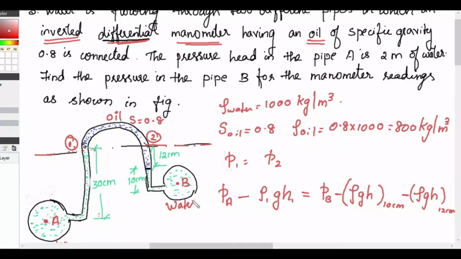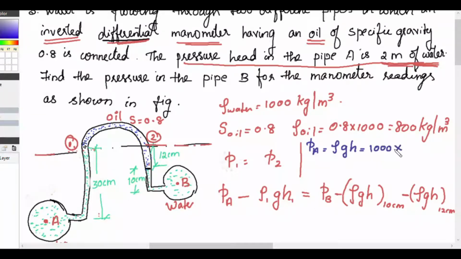The pressure head in the pipe A is given as 2 meter of water. That means the pressure at A will be equal to rho G H, where rho is the density of water, that is 1000, multiplied by G, 9.81, into the head, 2 meter of water.